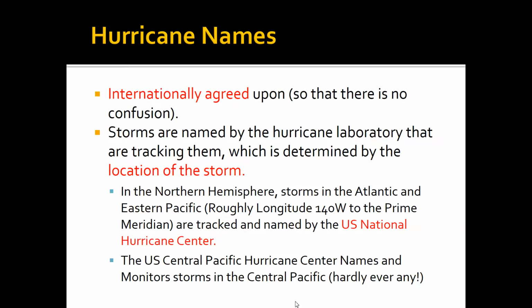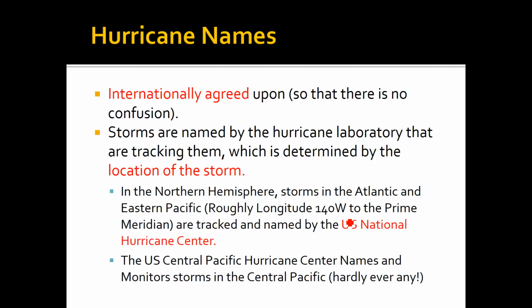Here in the northern hemisphere, we track these hurricanes and then we name them based on their intensity. These hurricanes are named by the laboratory that's tracking them. Here in the Atlantic and the Eastern Pacific, where we live, these hurricanes are named by the U.S. National Hurricane Center.